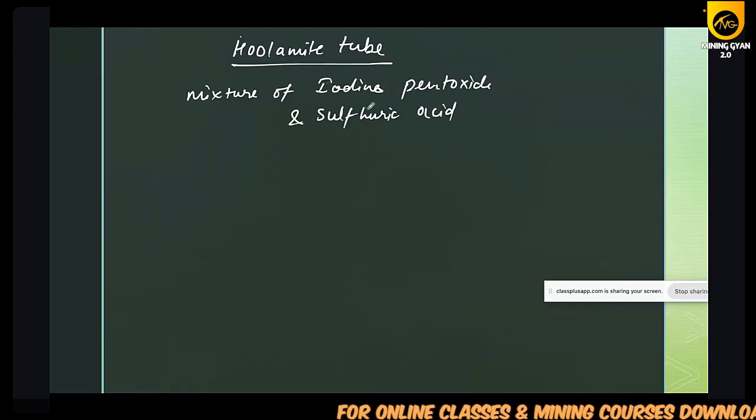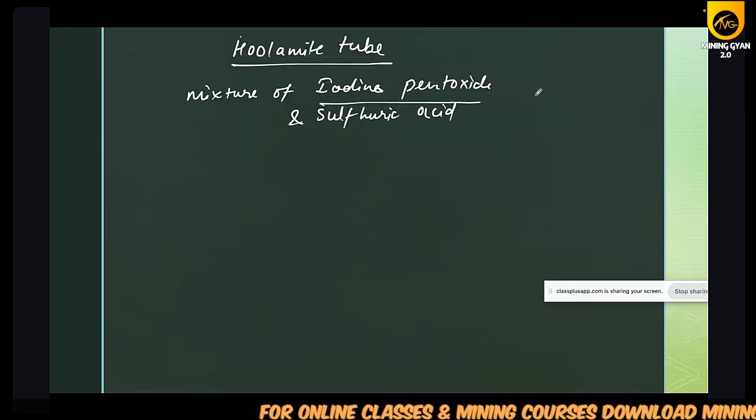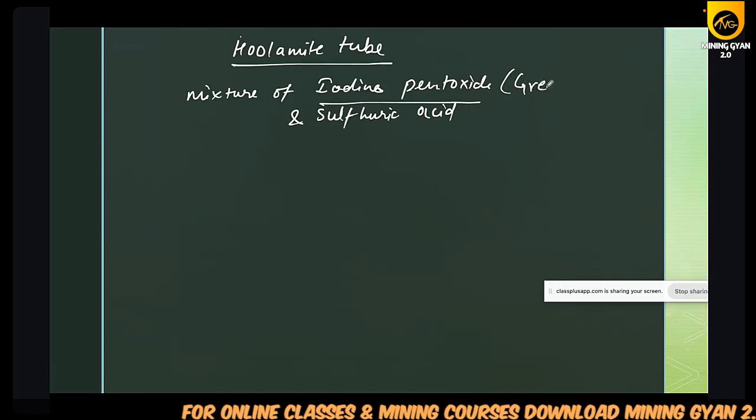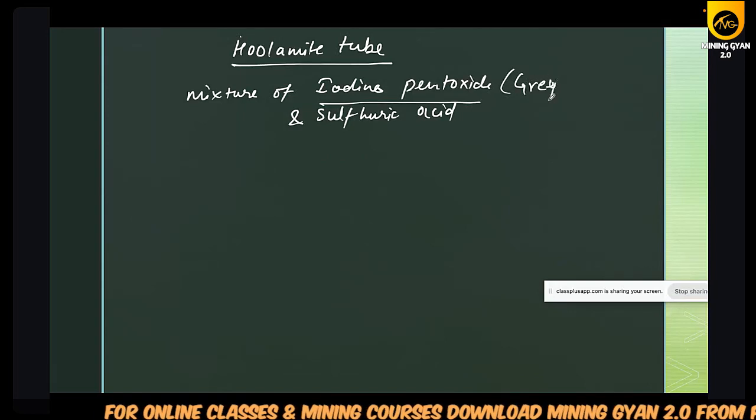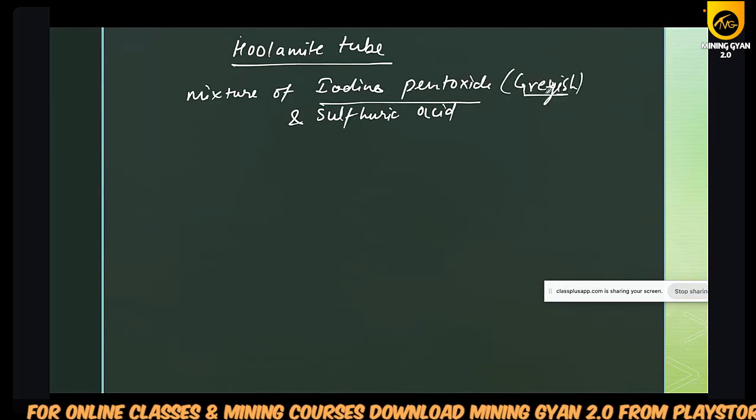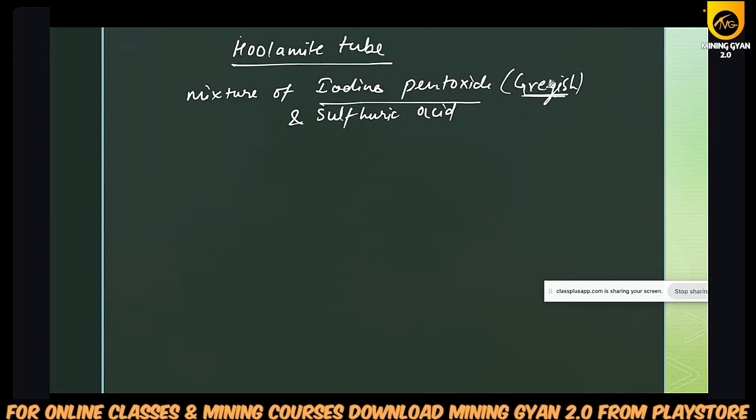So in this, the iodine pentoxide is grayish in color, grayish white. Okay, grayish white.